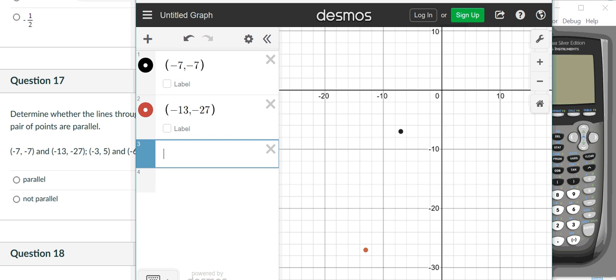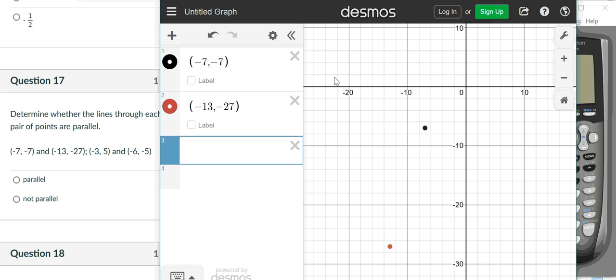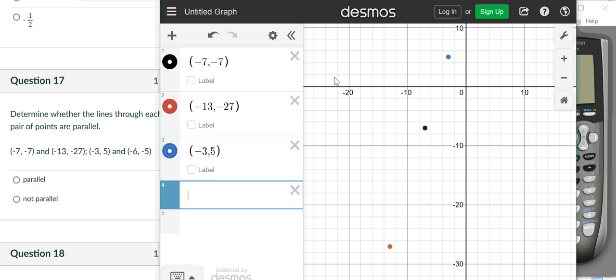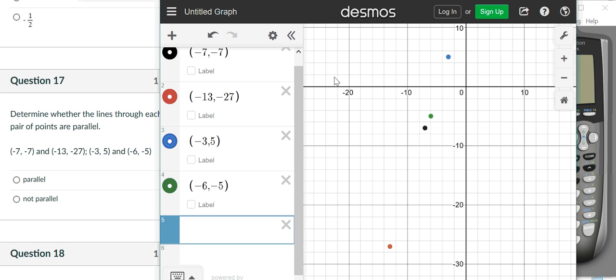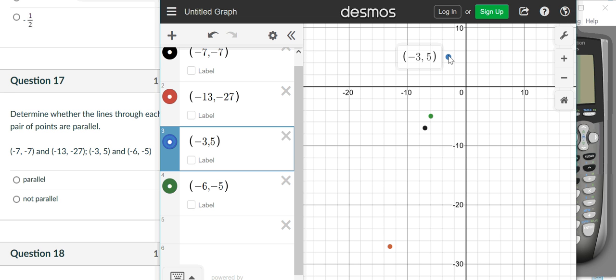Now, how about the second pair? The second pair, you have (-3, 5) and then you have (-6, -5). Then you hit enter. You can see here, (-3, 5) is the point right here.